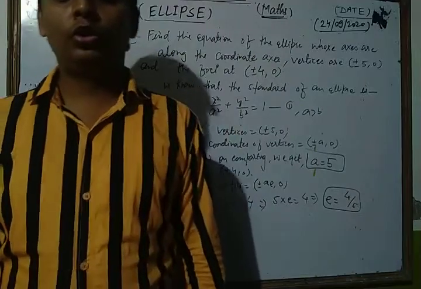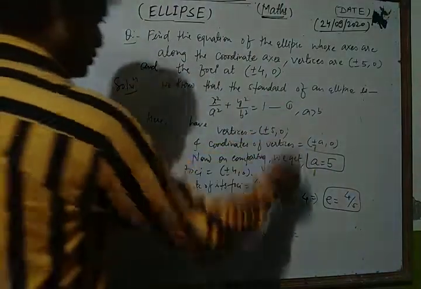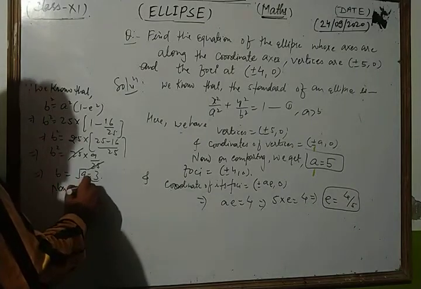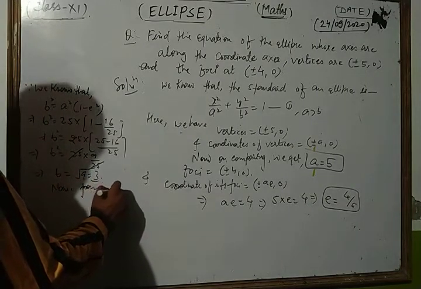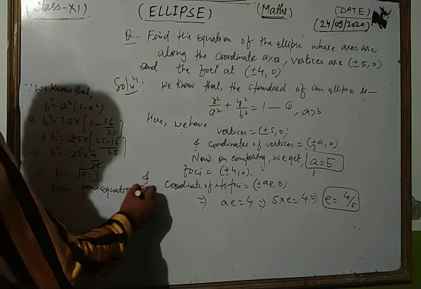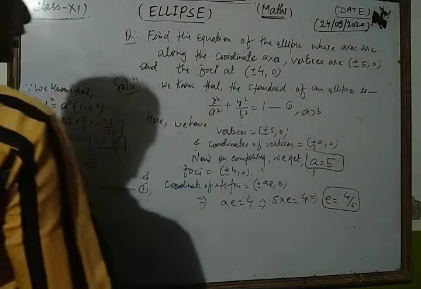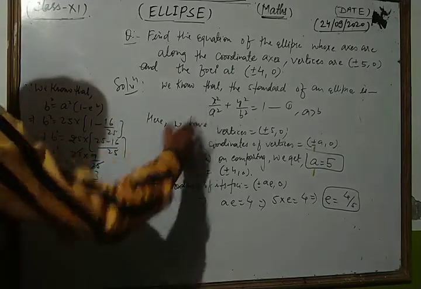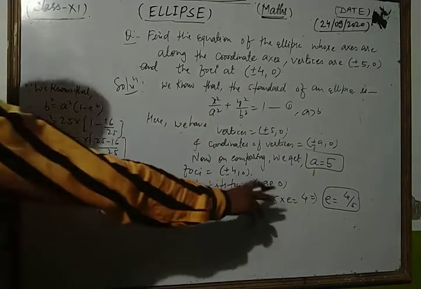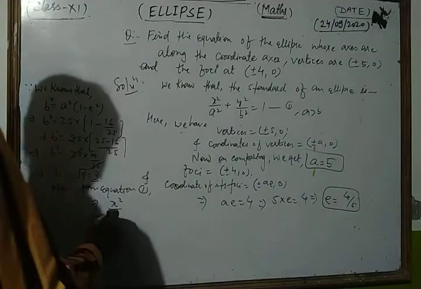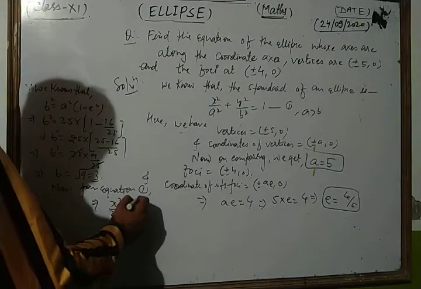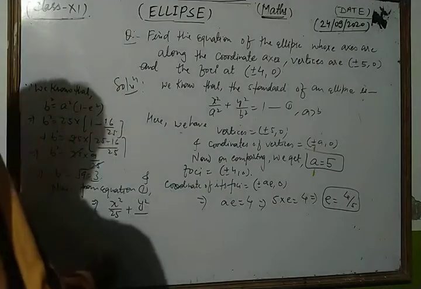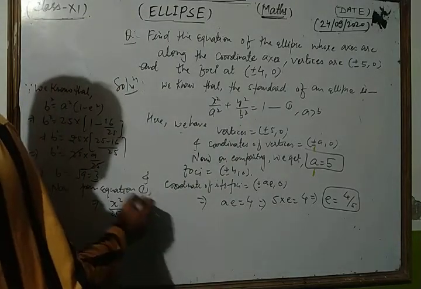Now from equation 1, the standard equation of an ellipse is x square upon a square plus y square upon b square is equal to 1. A is 5, 5 5s are 25, plus y square upon b square, b is 3, 3 3s are 9, is equal to 1.